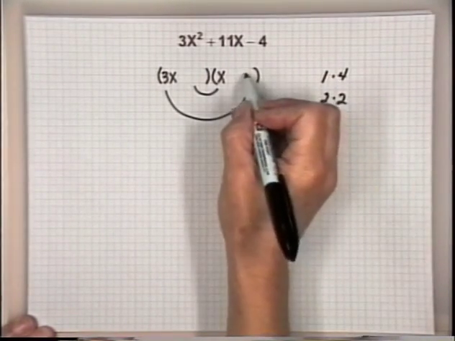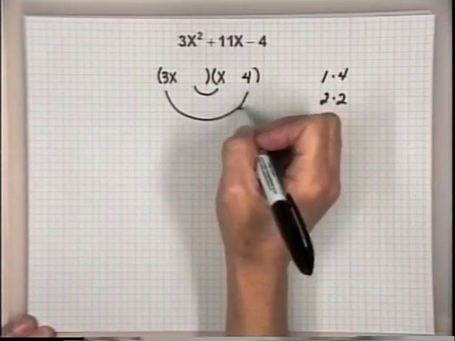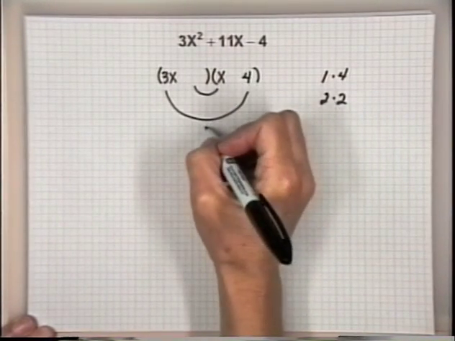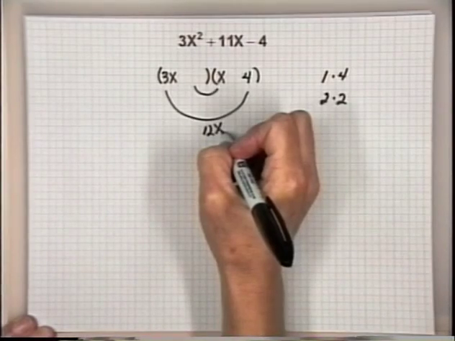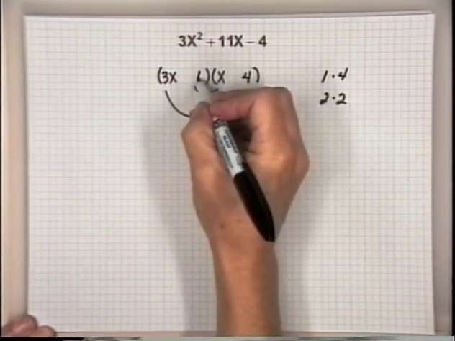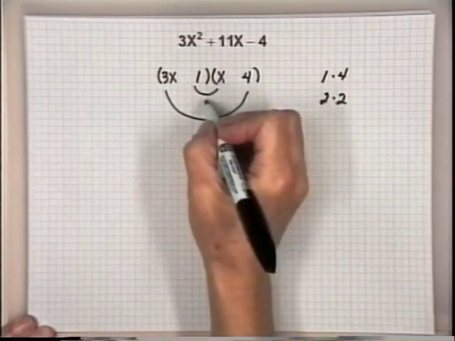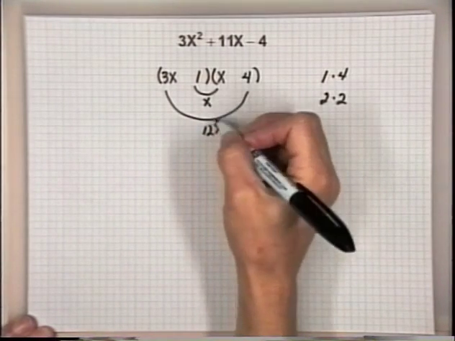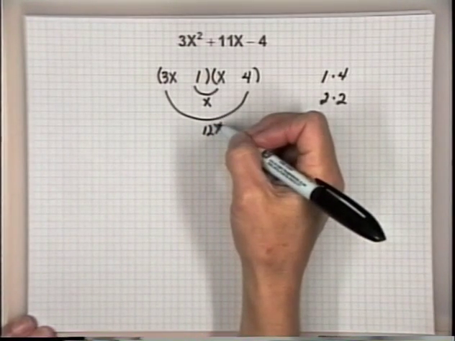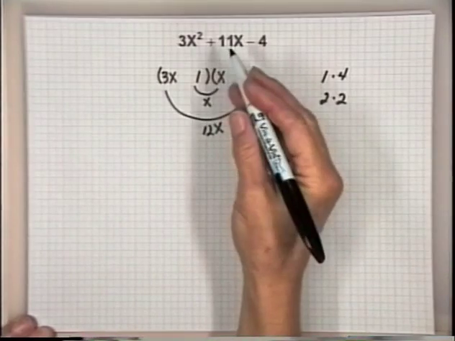I'm thinking about putting 4 here because that gives me an outside product of 12x. That would leave 1 for this position, and that product would be 1x. Since these would have opposite signs, their difference is 11.